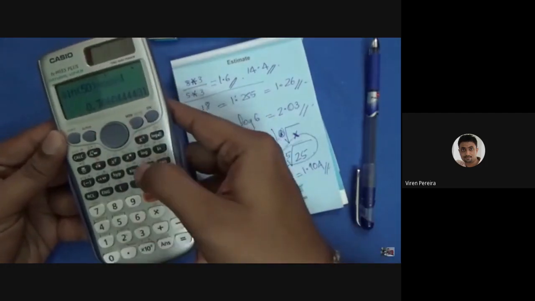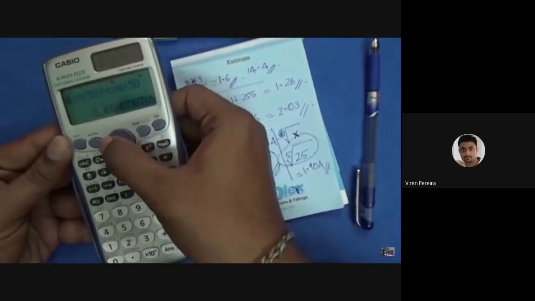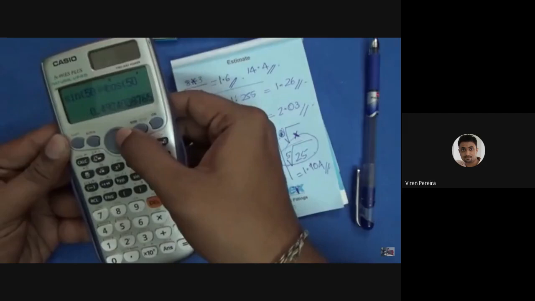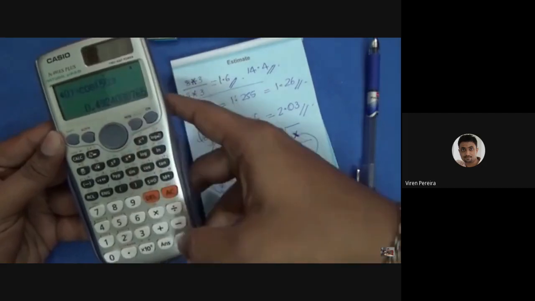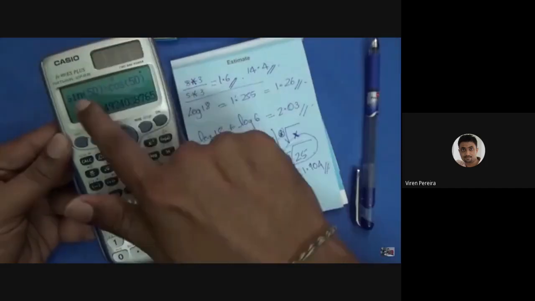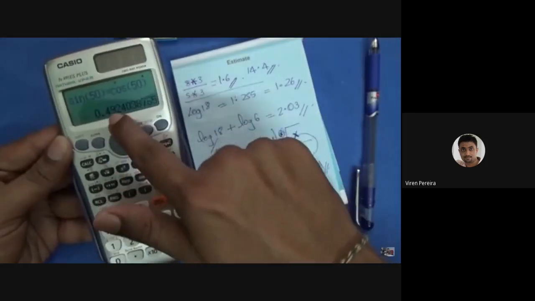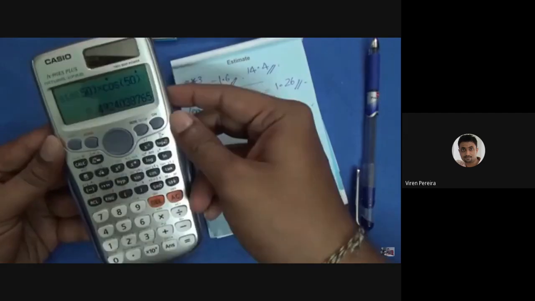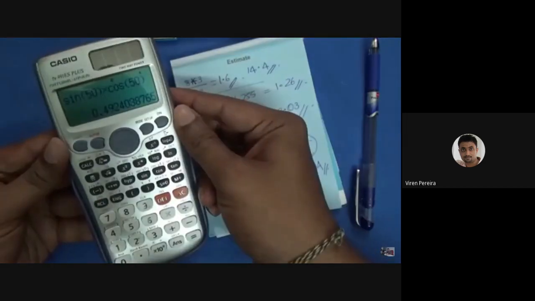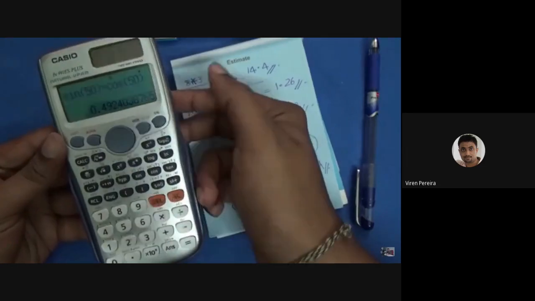As usual I did not use the bracket sign, so kindly use the bracket sign, although it doesn't make a difference here, but still. So sine 50 into cos 50 will give you 0.49. So this is how we got this value, 0.4924. So it becomes very simple.